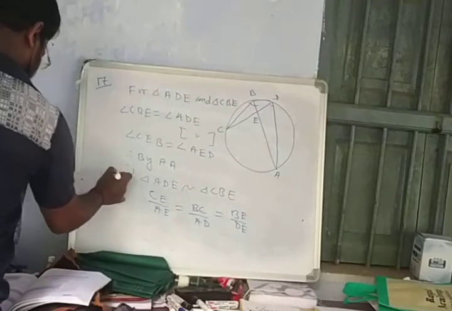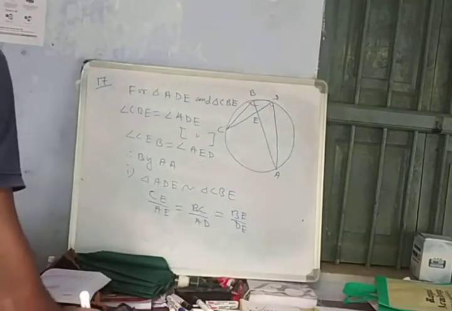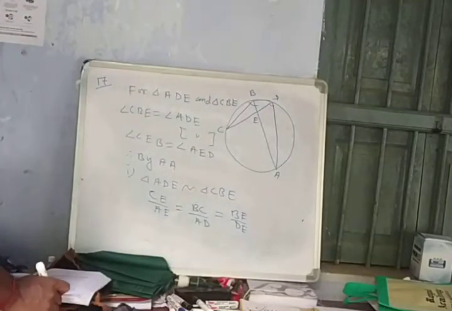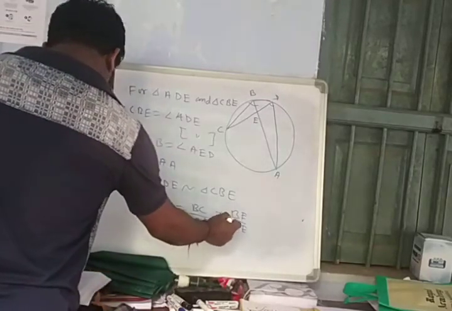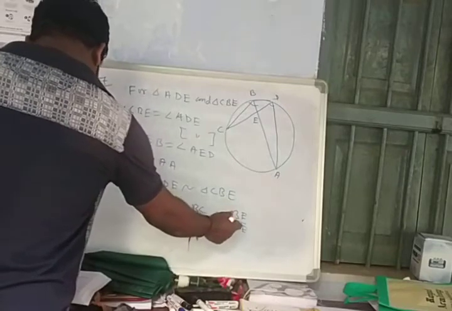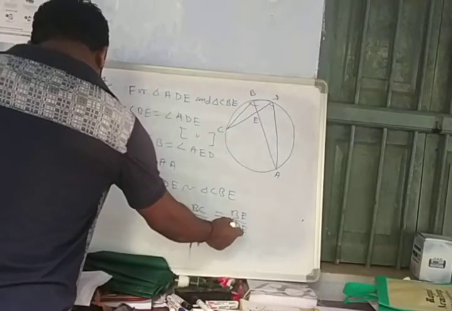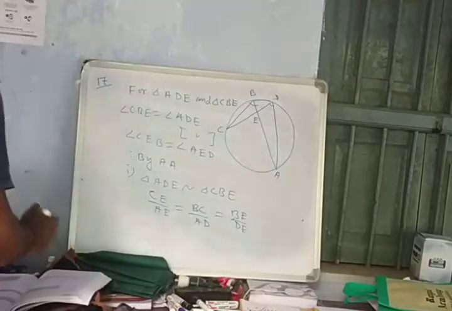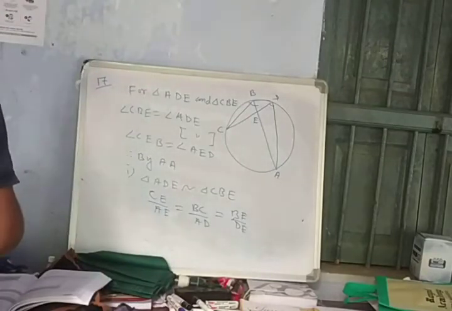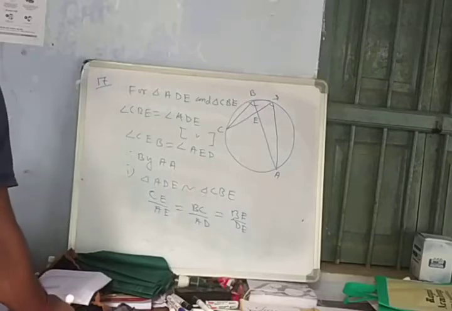This is number one. Here CD given, DE given, AE given, calculate BE. Means you have to take this and DE and CD, AE.